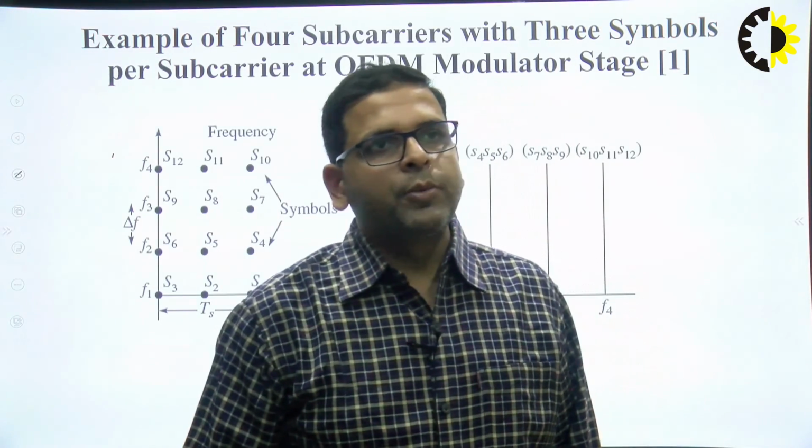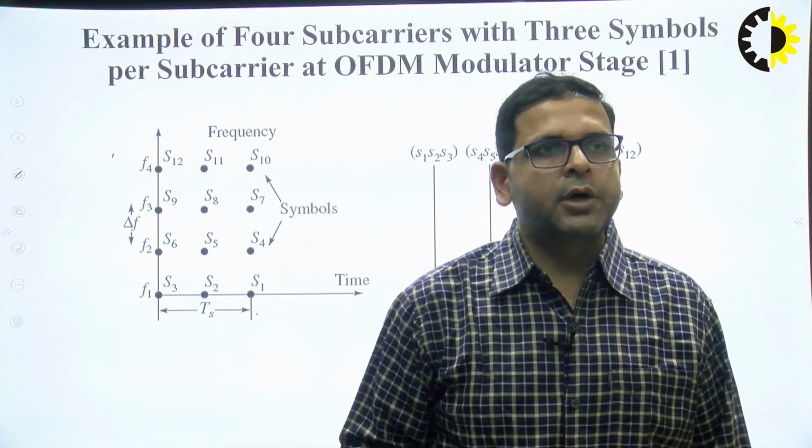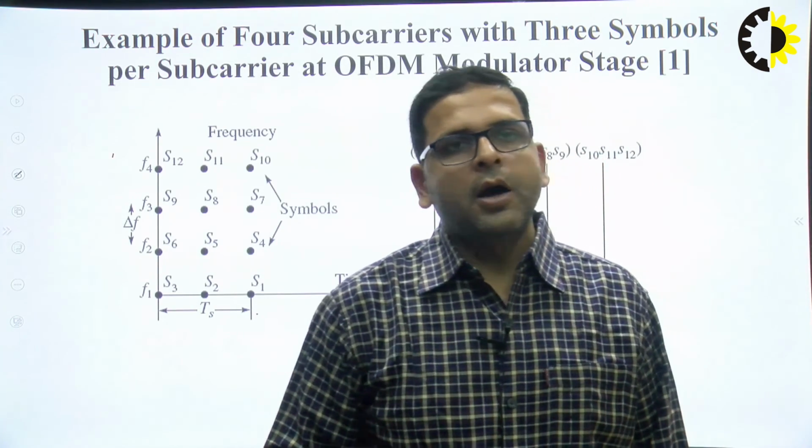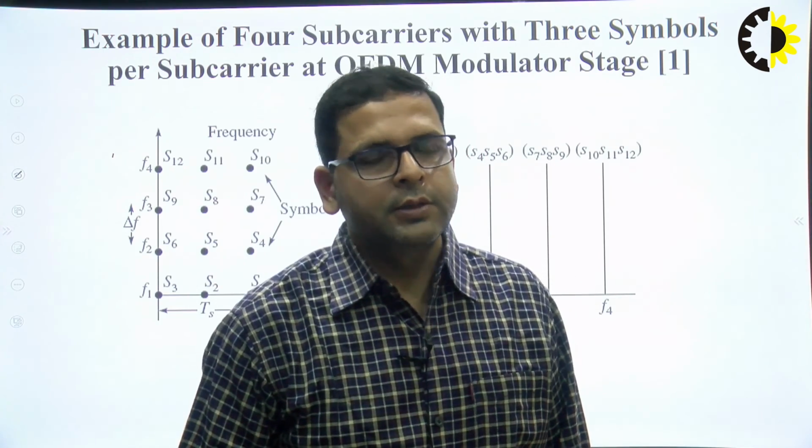This is the example of 4 subcarriers with 3 symbols per subcarrier at the orthogonal frequency division multiplexing modulator stage.